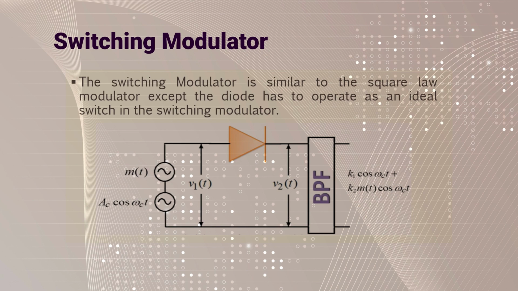Then the combination of both these two signals, that is the carrier signal and the message signal, is applied to the diode circuit, which has nonlinear characteristics. Then this combined signal is passed through the band pass filter for proper filtering.